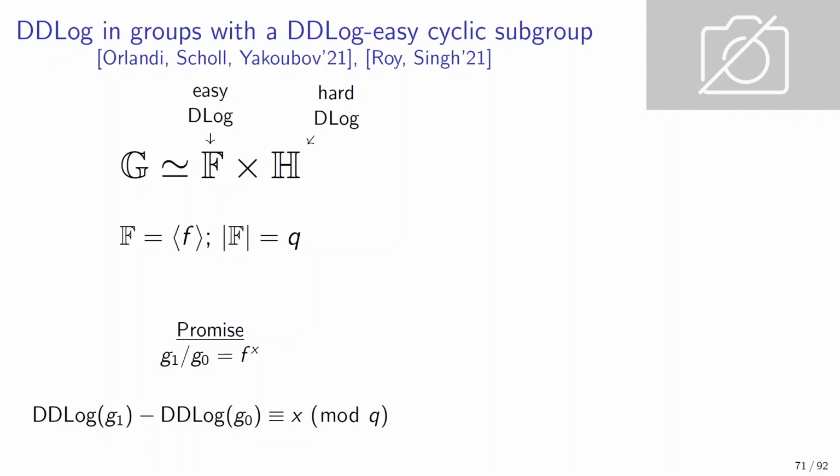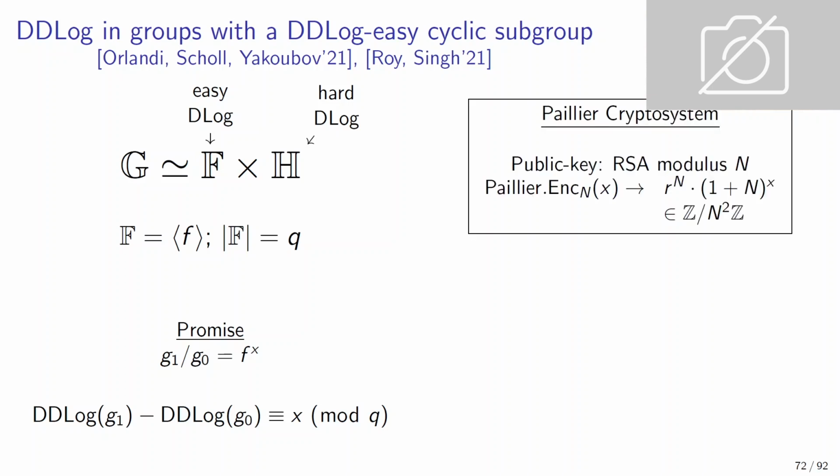What I mean here by DCR group is basically the multiplicative subgroup of Z over n squared Z, where n is an RSA modulus. So n is the product of two lambda bit primes, and you do your operations modulo n squared.